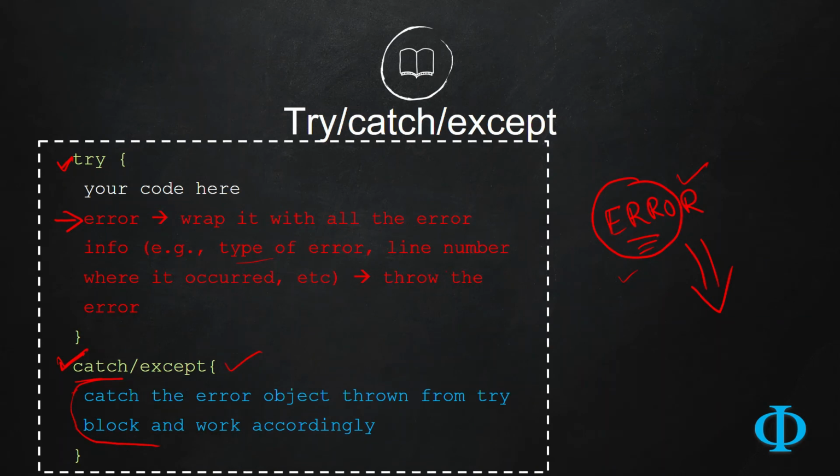One way of unmanaged error handling is just to use some kind of if-else condition checking. If an error happens, then do this, or else do something else. That is kind of unmanaged, and there are chances of getting messed up code if you use it that way.